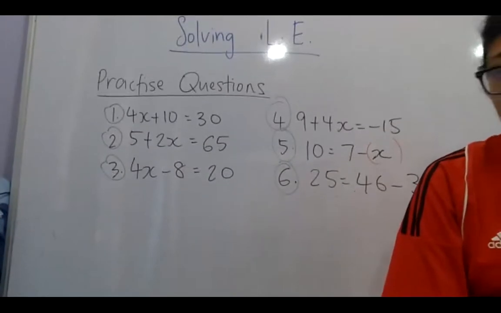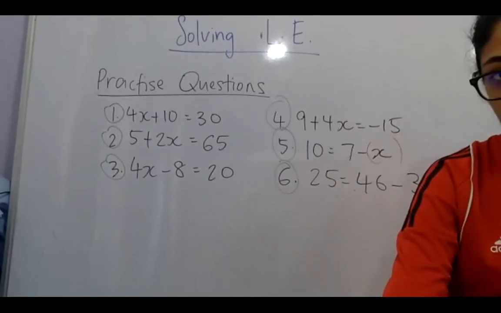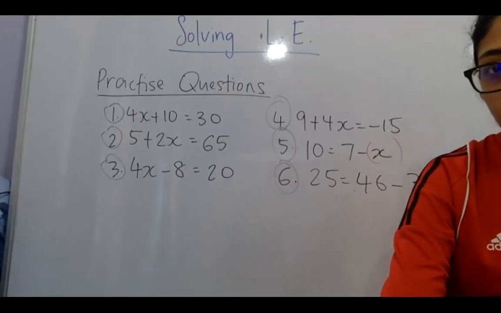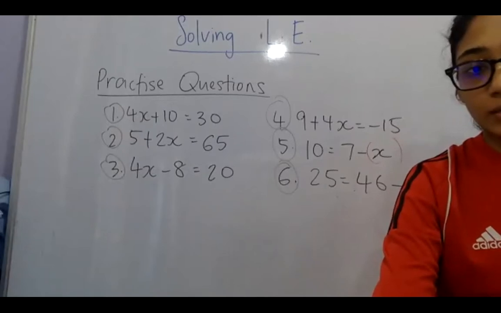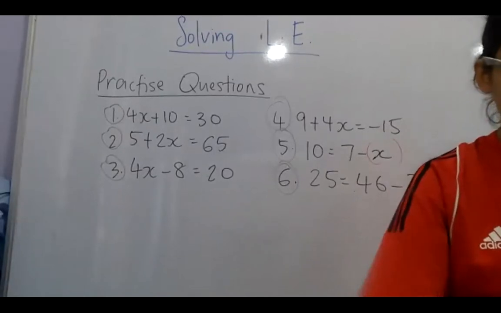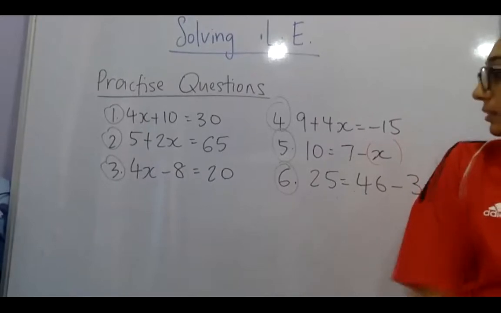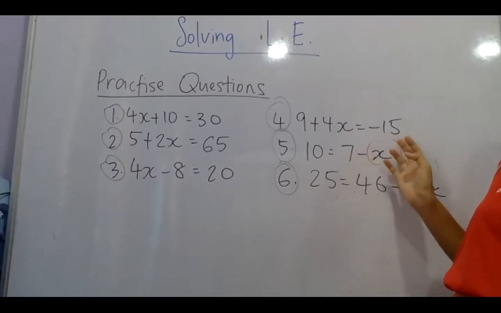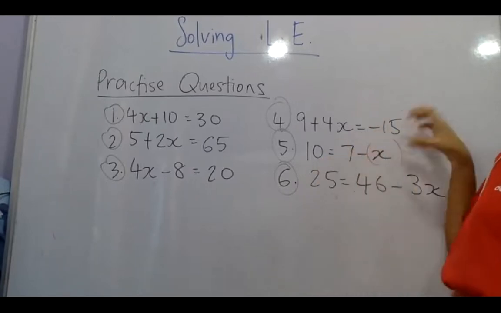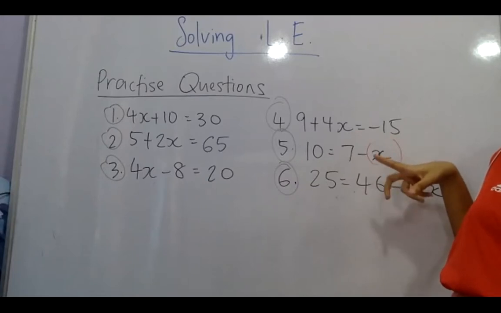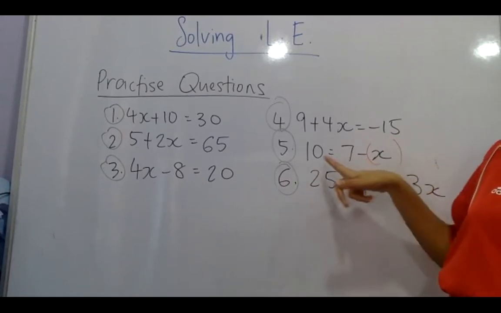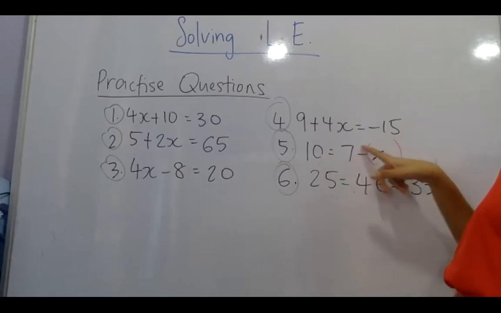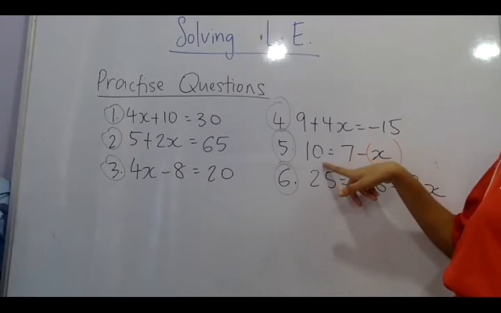Teacher, I don't understand question 5. Yes. Done, sir. Question 5. Okay. Let's see question 5. Okay, so 10 equals to 7 minus something. So 7 minus something equals to 10. So what is that something? So like just now Mark said, how can 7 minus something become 10? 7 is already smaller than 10, which means I want to change this to make it a plus so that I can make this 10.